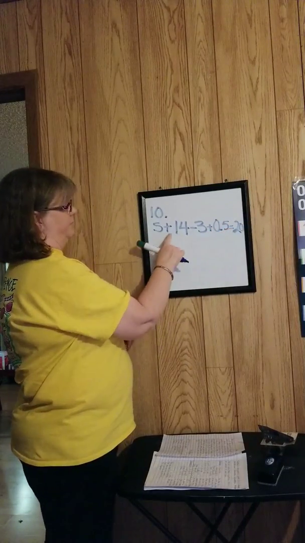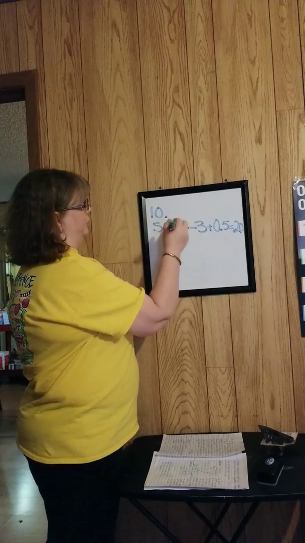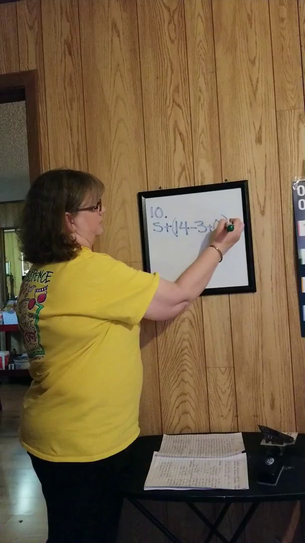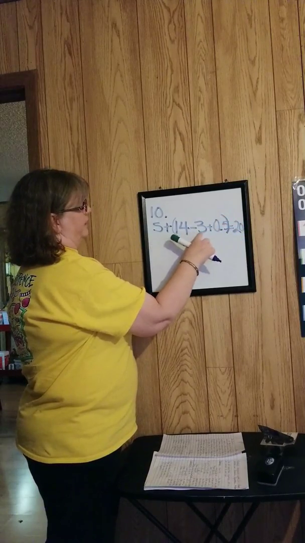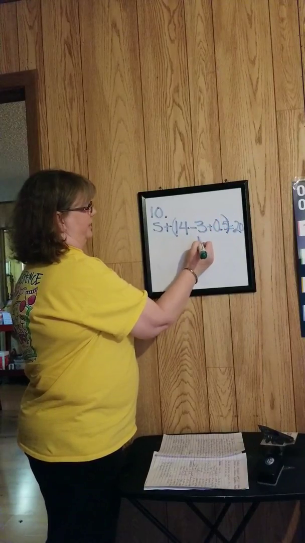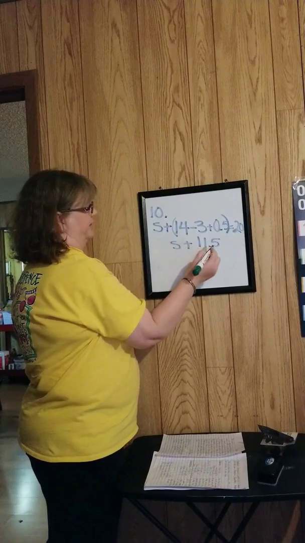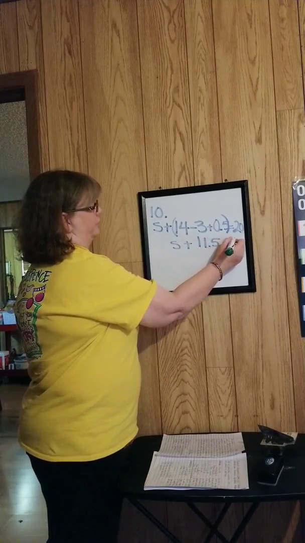Now you can do the opposite of each one of these, or we can do 14, we can put these together. Okay? 14 minus 3 is 11, plus 0.5 is going to be 11.5. So I've got s plus 11.5 equals 20.